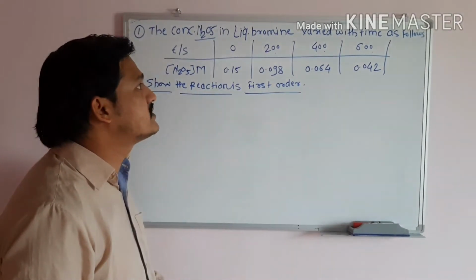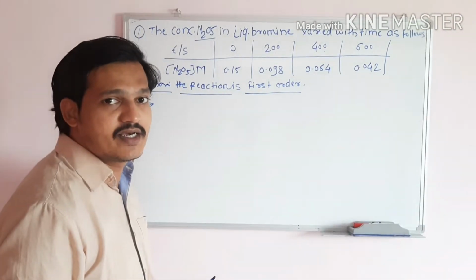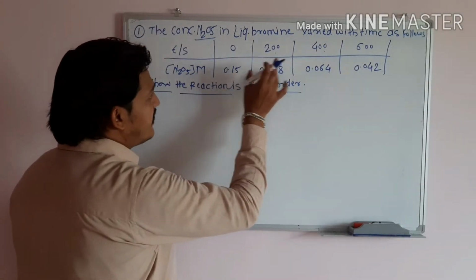So we have to use the formula of the integrated rate law for a first order chemical reaction. We have to calculate the rate constant K in a definite time interval.